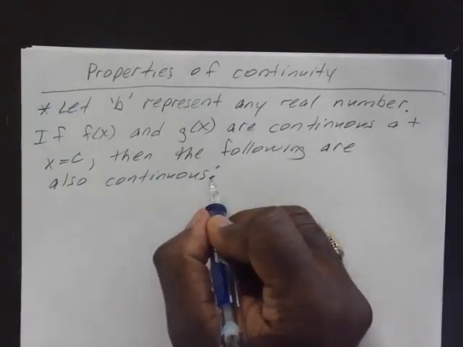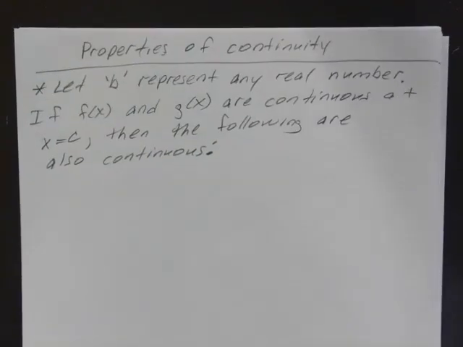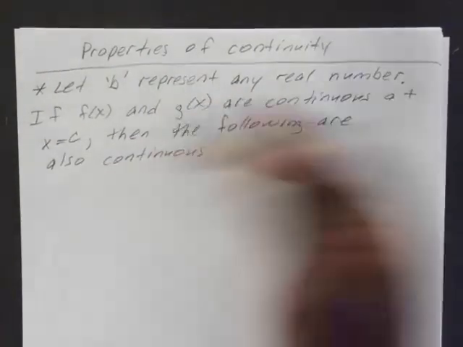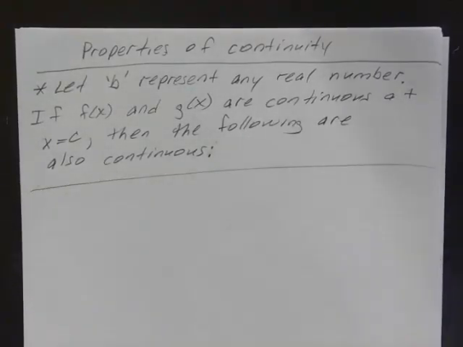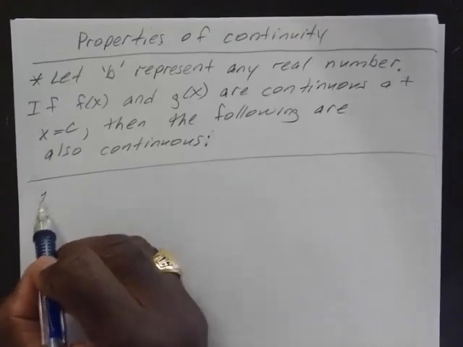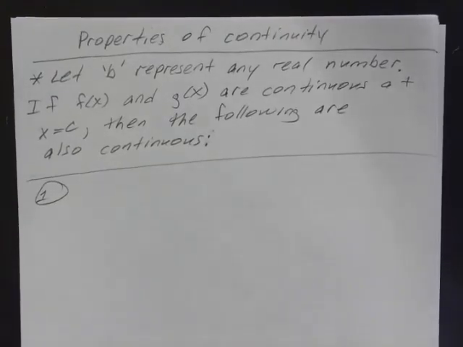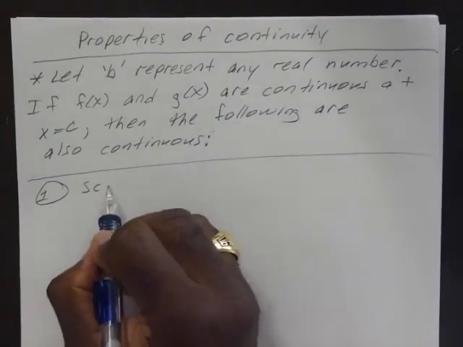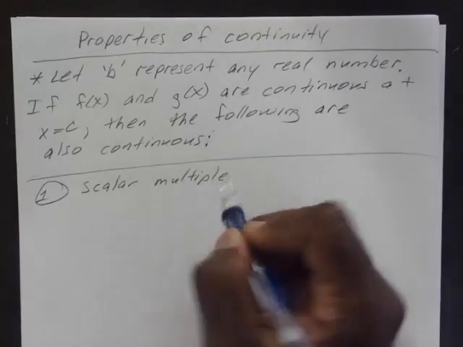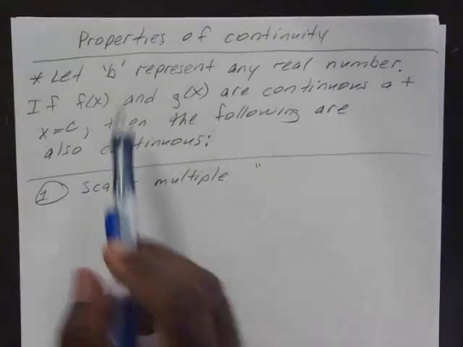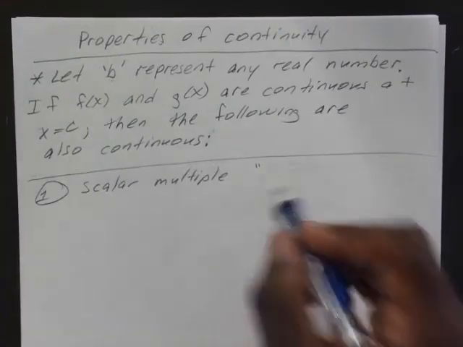First is the scalar multiple of a function, which is just multiplying some real number times your function.